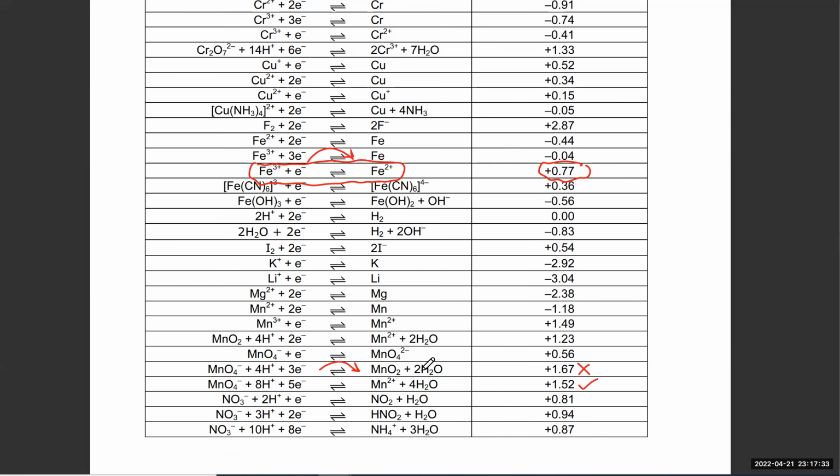Say Fe3+ is reacting with Mn. Fe2+ is the lower potential, so it loses electrons with acidified MnO4 minus.